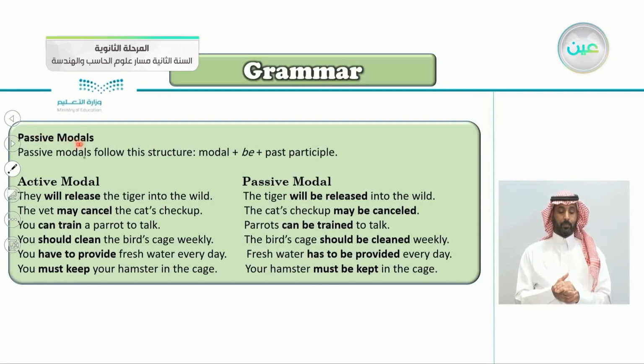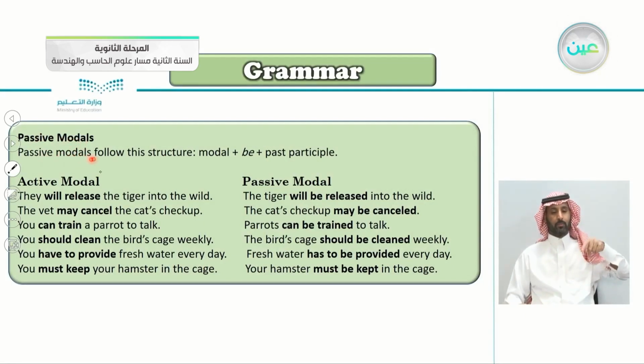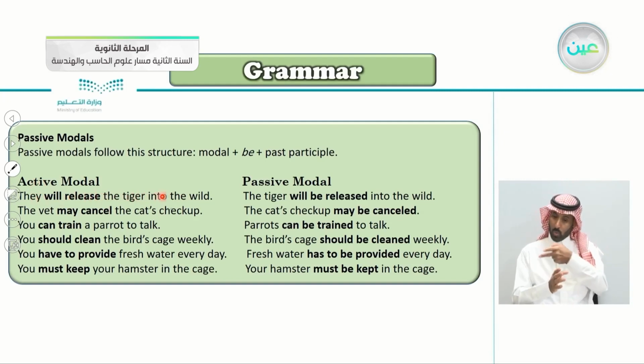So passive modals follow this structure: the modal plus be plus the past participle. This is the form: modal, be, past participle. The active sentence here: they will release the tiger into the wild.